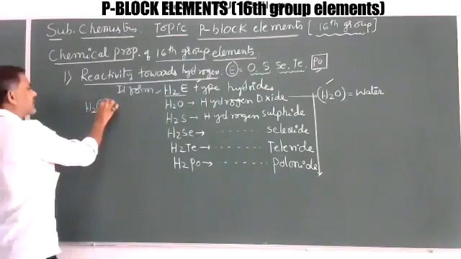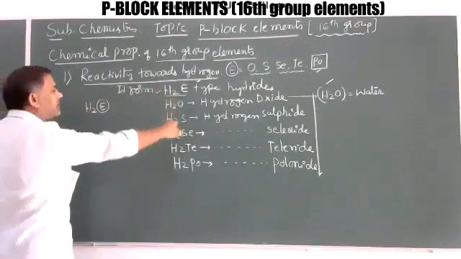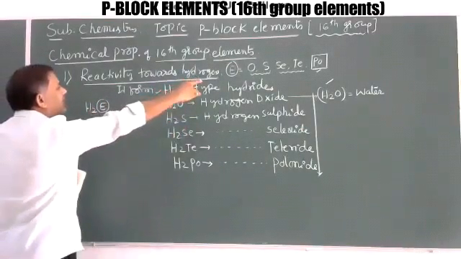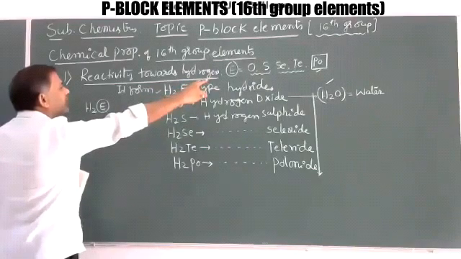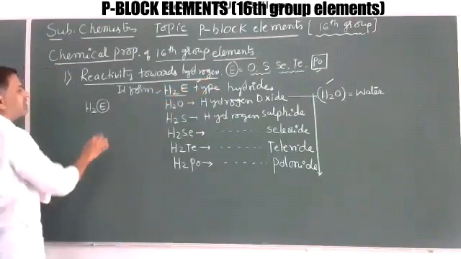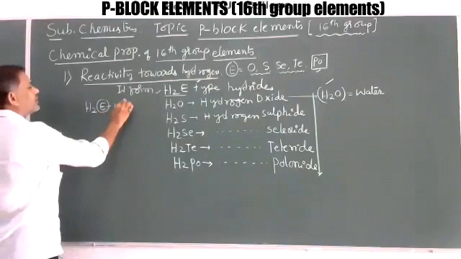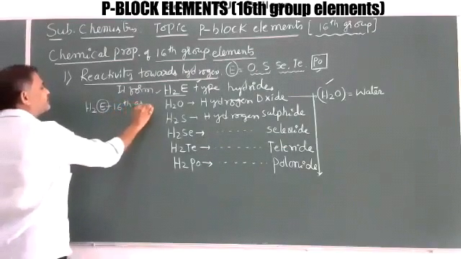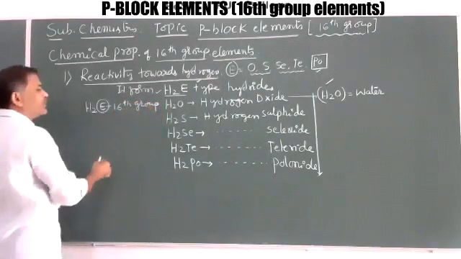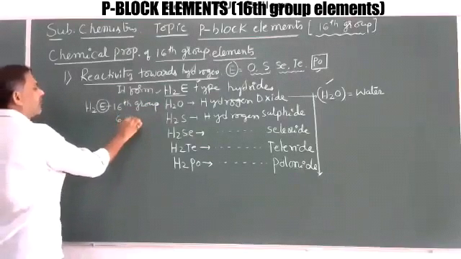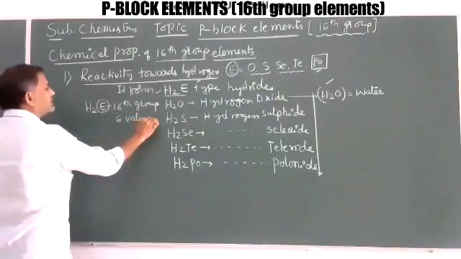E is the central element of this hydride, either oxygen, sulfur, selenium, tellurium or polonium. It is a 16th group element, which contains 6 valence electrons.